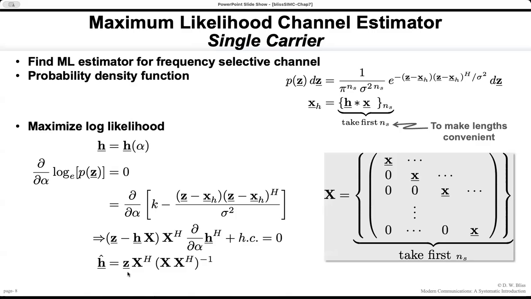The first part of this estimator, the z times x Hermitian, is basically a cross correlation, if you like, between the observed sequence of training data and the transmitted sequence and a bunch of delayed versions of that. And the x times x Hermitian is basically an autocovariance estimate, or proportional to one. So there's some structure here that in some sense makes sense.